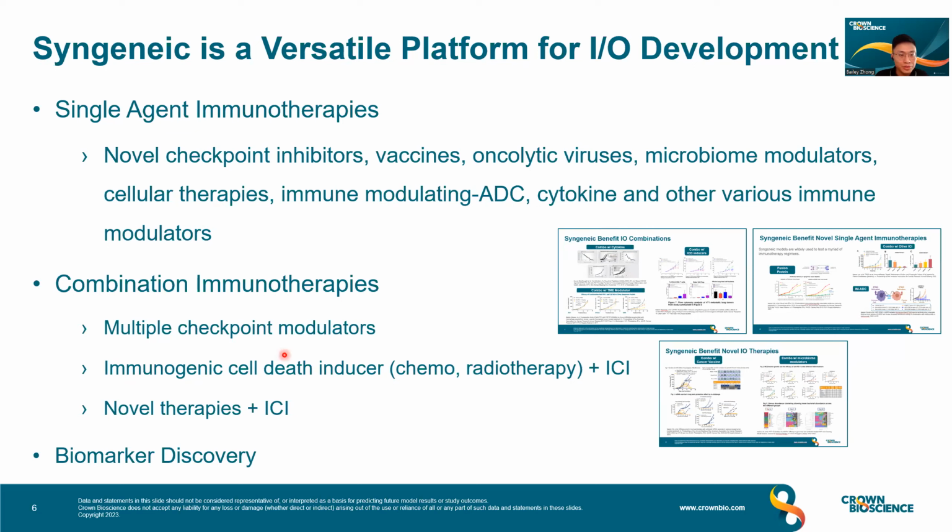For combination use, we can test more than 2 different checkpoint modulators together, and also immunogenic cell death inducers, like chemotherapy or radiotherapy plus immune checkpoint inhibitor. Also, we can test novel therapies plus ICI.